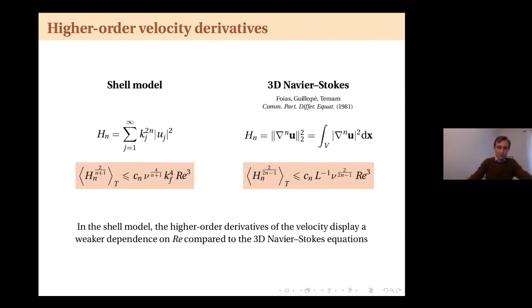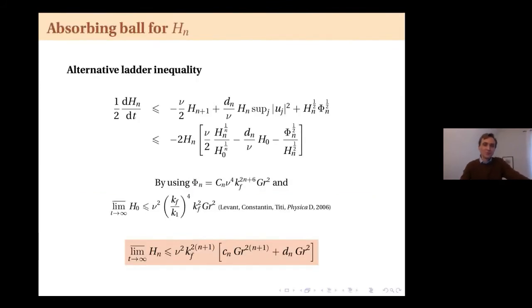Before moving to moments of these derivatives, allow me a short digression. There also exists for the Hn a second set of differential inequalities which relate Hn and Hn plus 1, where instead of the infinity norm of the gradient, we have the infinity norm of the velocity squared. This can be rewritten in this way.